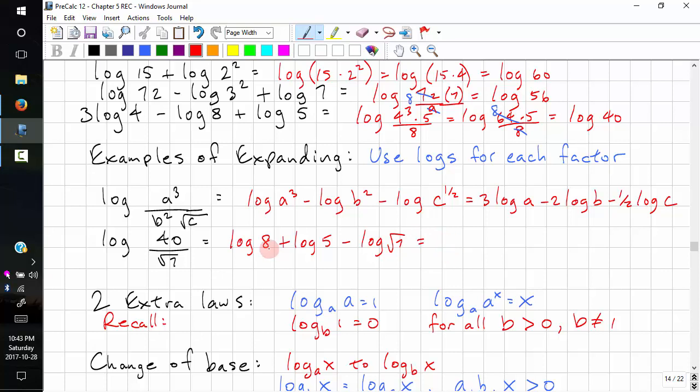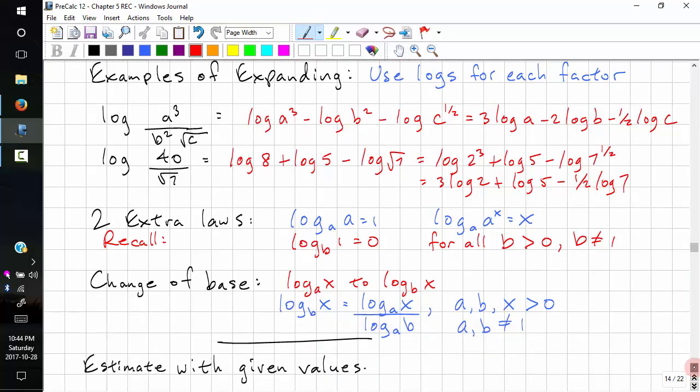And the prime factor of 8 is 2 and the exponent is 3. So log 2 to the power of 3 plus log 5 minus log 7, and again square root is power of a half. And then we bring the coefficients out front. 3 log 2 plus log 5 minus 1/2 log 7.